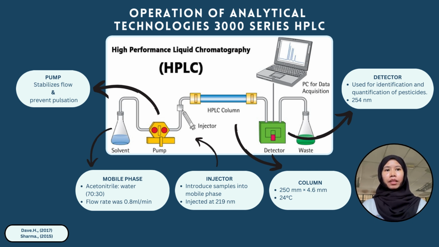The detector was interfaced with a computer for data processing and analysis. The HPLC was operated under binary gradient conditions employing a mobile phase consisting of acetonitrile and water in a 70-30 ratio. The flow rate was maintained at 0.8 ml per minute. For residual pesticides analysis, the detector wavelength was set at 254 nanometer.